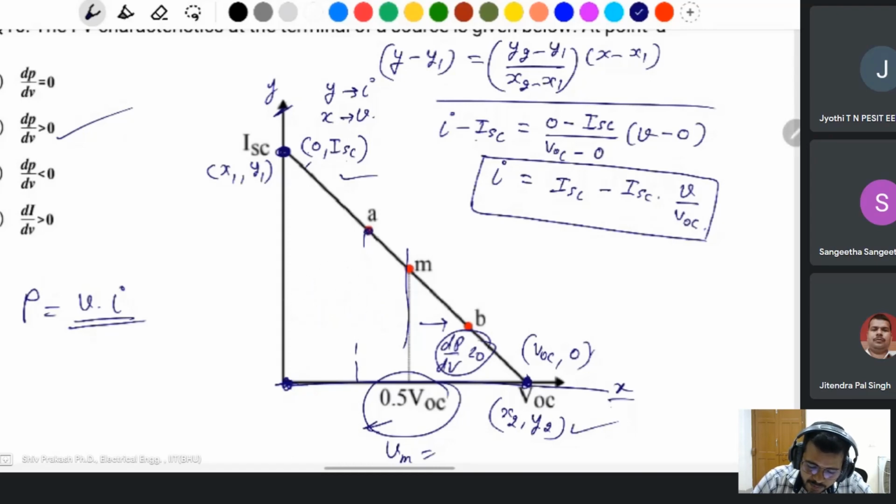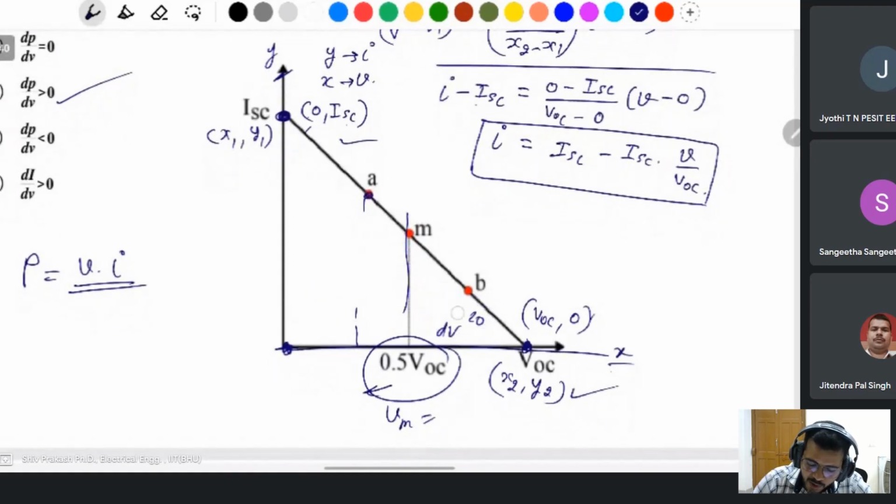But here there is a current expression, not a power expression, that's why we get confused. If this were the power curve, then you could say directly that this is the current curve.